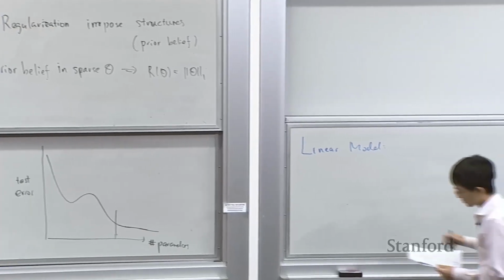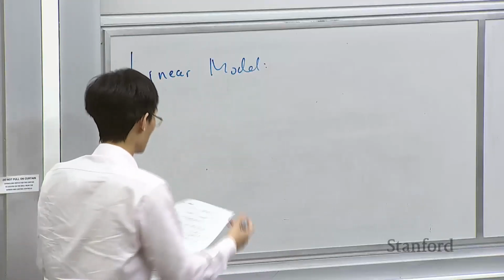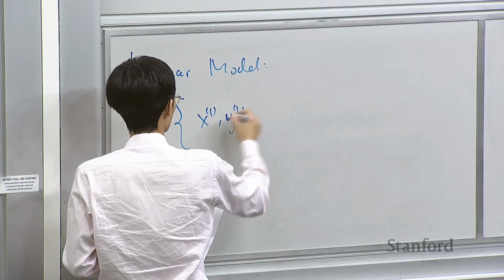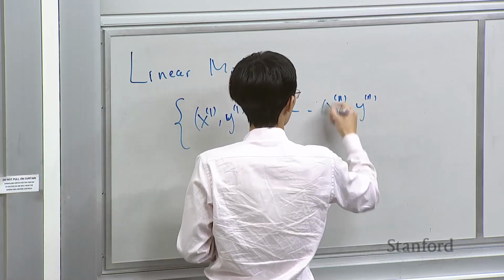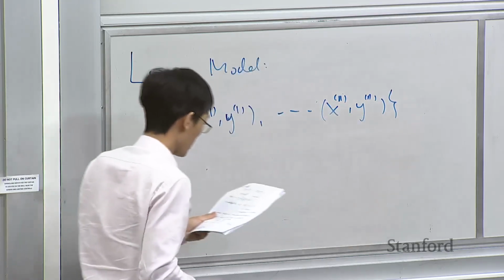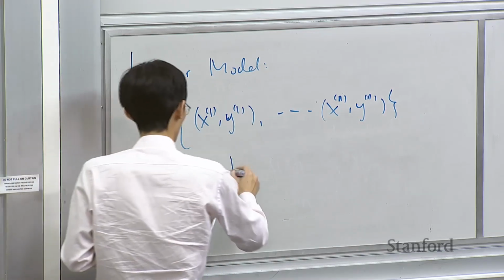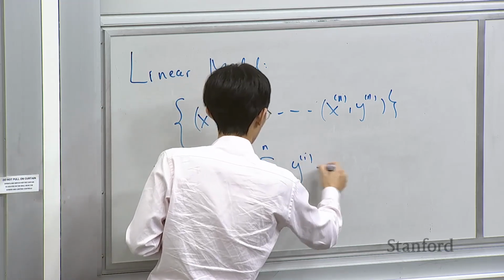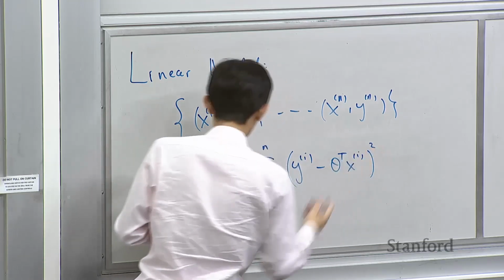So suppose we are in the most vanilla linear model setting, where you have some n data points. This is just trivial linear regression, and your loss function is just the L2 loss, the mean squared error. You have a linear model.